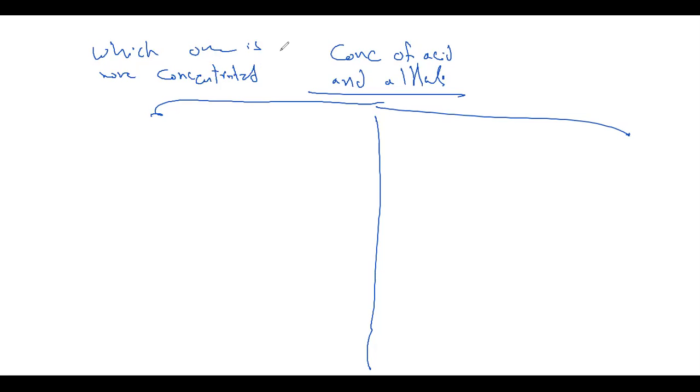We are making the comparison for both acids and alkalis. If we have two acids, I'll make a comparison. If I have two alkalis, for a fair comparison, same amount of alkali, same amount of acid, and then the same indicator. After that, the conclusion.